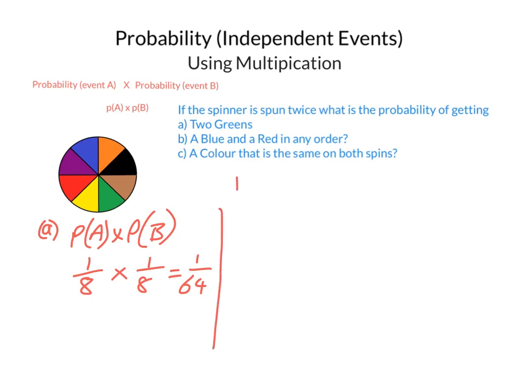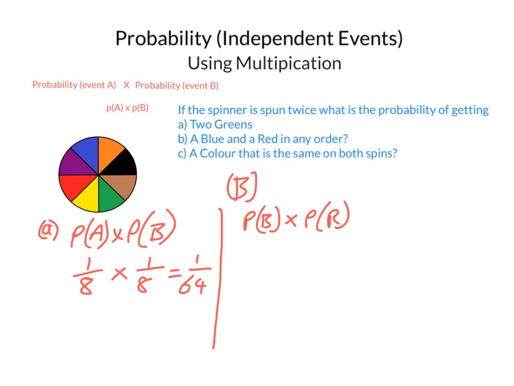And now we look at B. The probability of getting a blue and a red in any order. So we'll have to consider 2 ways of doing this. We could get a blue and a red, or we could get a red and then a blue. Let's do the first one first. So the probability of getting a blue multiplied by the probability of getting a red.